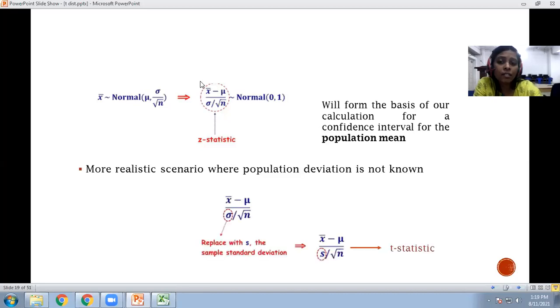Now in this particular formula, you have the population standard deviation. Population mean we have to find, so that's not a worry. But population standard deviation is not known to us in any real scenario. If you are working on any real data set, this information will not be given to you, and you will not be able to calculate it either, unless you have collected responses from the total population.